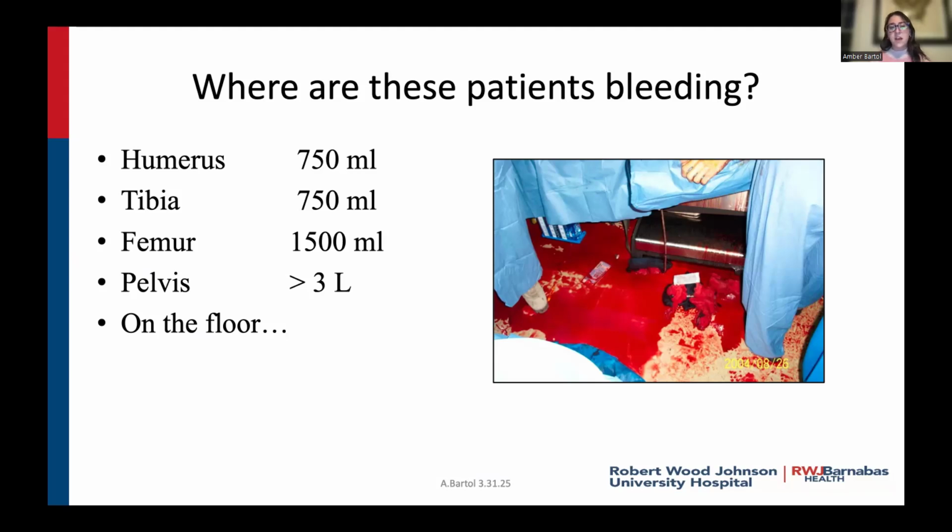The pelvis can hold up to 3 liters of blood. And sometimes you won't ever see that blood until you either put a Foley in or they're so hypotensive that you need to start MTP and go to the OR. So it's really important to recognize that just because you can't see the blood doesn't mean that person's not bleeding.